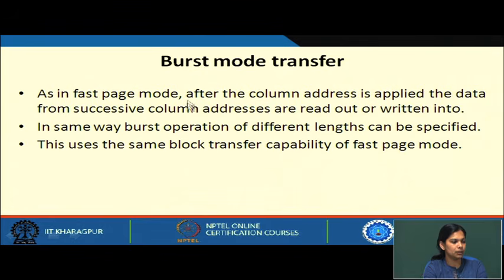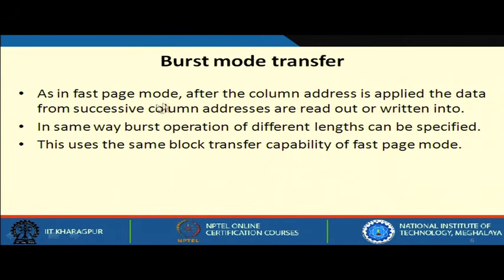Now, let us see what this burst mode transfer is. We already discussed fast page mode, where we select a particular row and a particular column, and then we need not select that particular row again; rather, the next data can be available just by incrementing the column addresses.